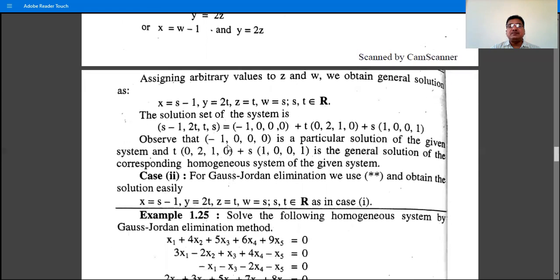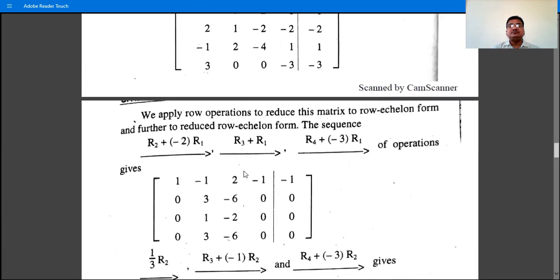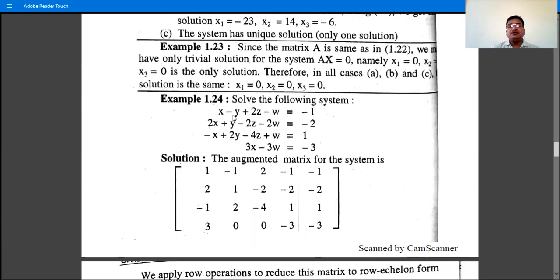And so this vector minus 1, 0, 0, 0 is the particular solution of the given system. And this t times 0, 2, 1, 0 plus s times 1, 0, 0, 1 is the general solution of the corresponding or associated homogeneous system Ax is equal to 0. What is the corresponding homogeneous system? We write all these constants as 0, replacing minus 1 by 0, minus 2 by 0, 1 by 0, and minus 3 by 0.